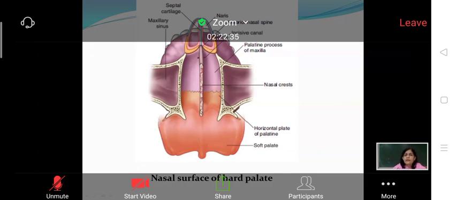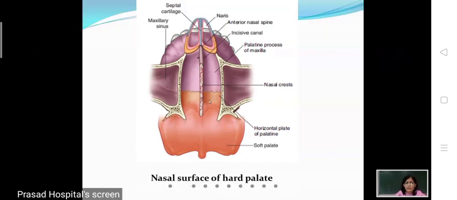This is called nasal crest. So it is very simple that the floor of the nasal cavity is formed by the upper surface of the hard palate. I told you about the dimensions of the roof and the floor.